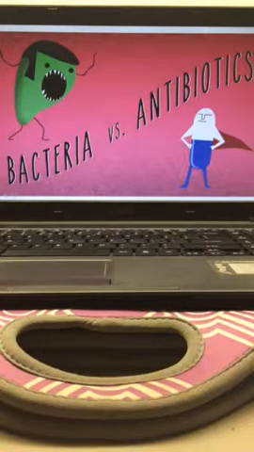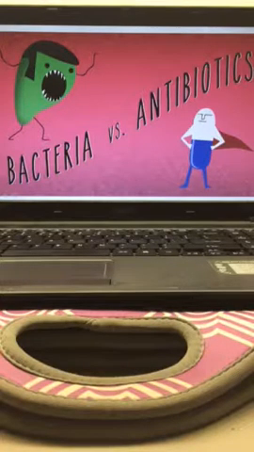The bacterial wall can prevent the antibiotics from entering. The bacteria can also adopt a new way of processing energy. These mutations may thrive where non-mutant bacteria die, and new antibiotics must be used to kill them.